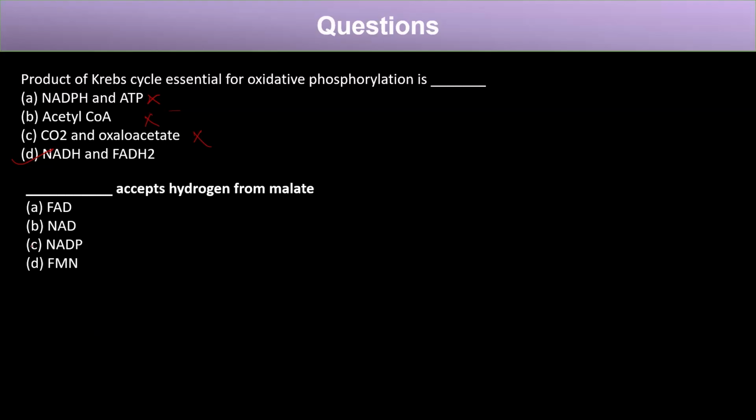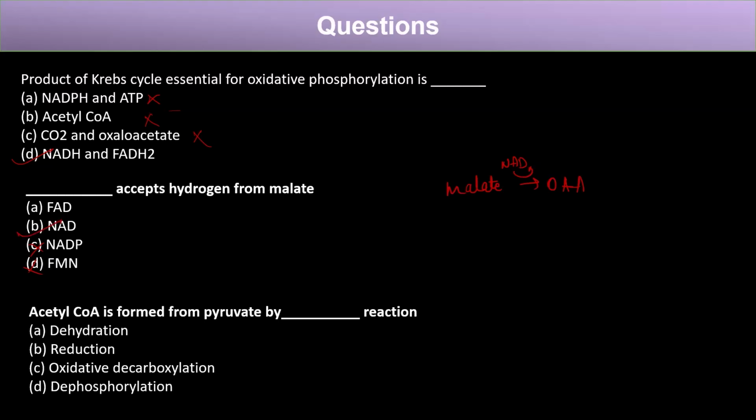We do not have NADP or FMN involved here. From malate we form oxaloacetic acid, and the compound involved is NAD. It accepts the electron to form NADH. So here the answer will be NAD. Okay.